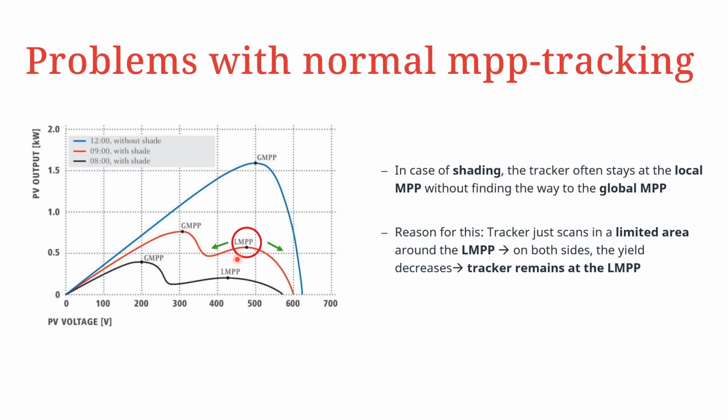If the MPPT is not able to adjust or adapt the operating parameters, then it will often stay at the local maximum power point when the array is shaded. This therefore means that you have reduced yields because the tracker remains stuck at this operating point.